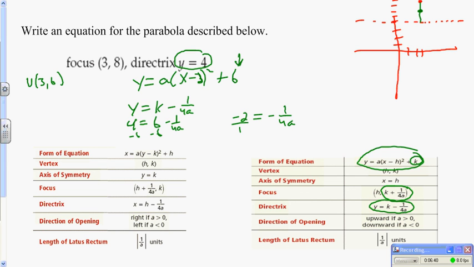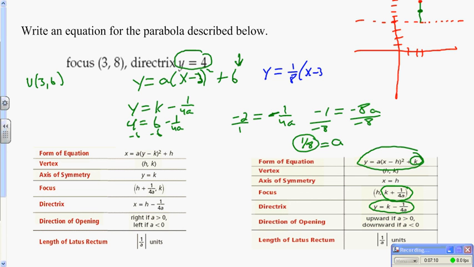I'll put this over 1. I'll make this a negative 1. I can cross multiply. If I cross multiply, I get 1 times negative 1, so negative 1 equals negative 8a, divided by negative 8, and a is 1/8. So my final answer will be y equals 1/8 (x minus 3) squared plus 6.